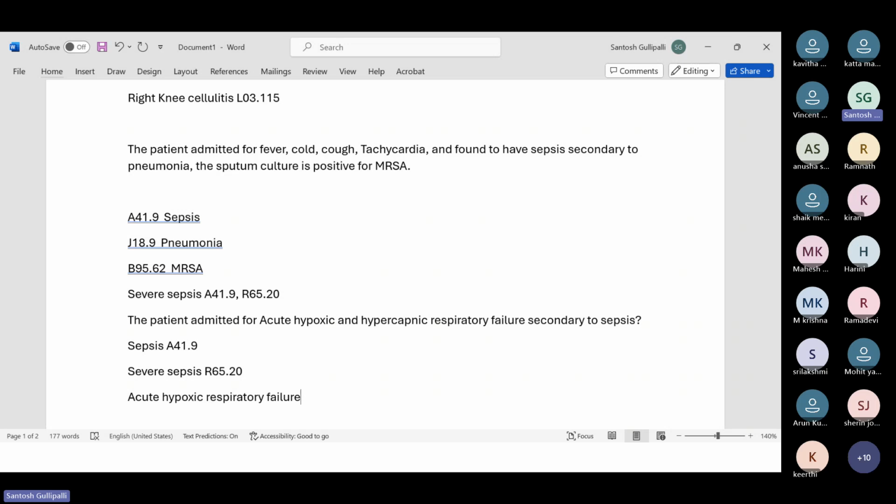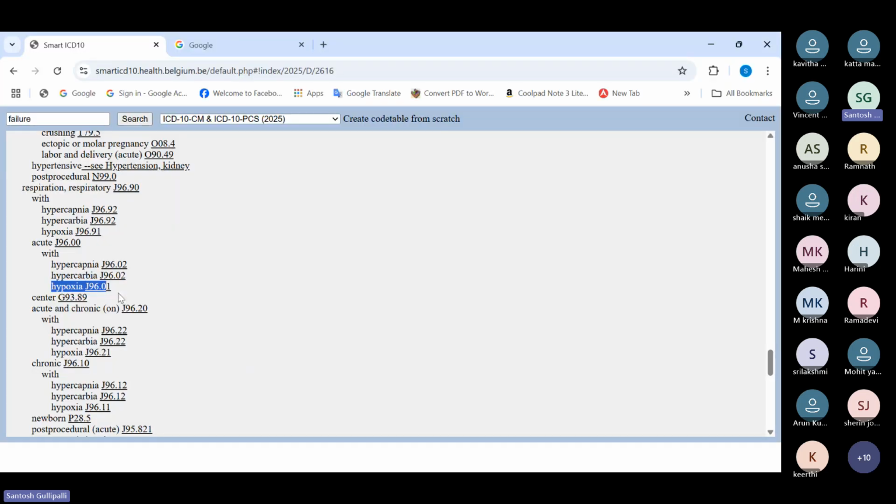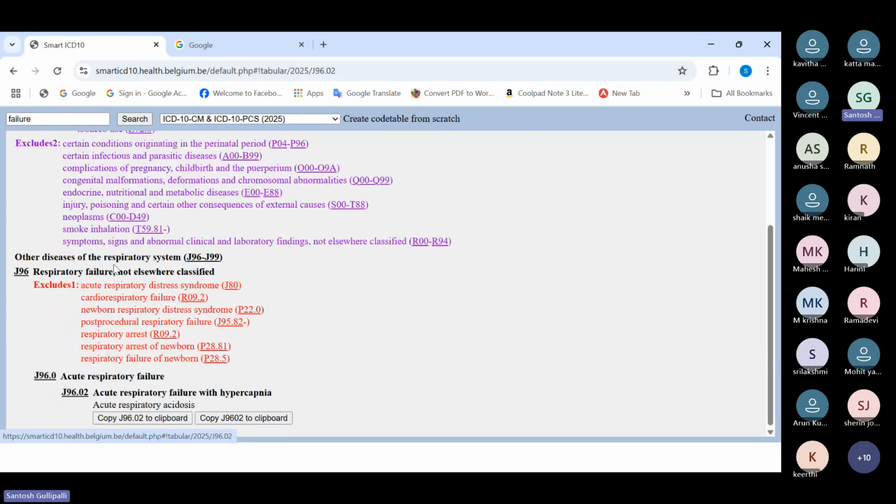Hypercapnic respiratory failure is J96.02.